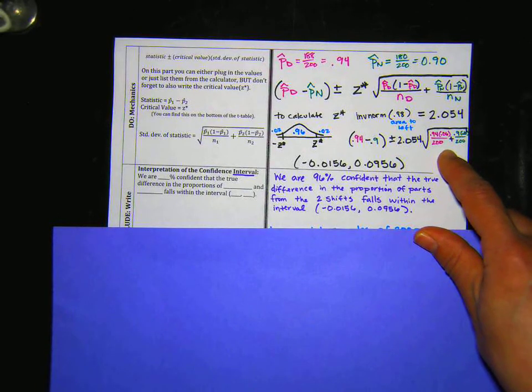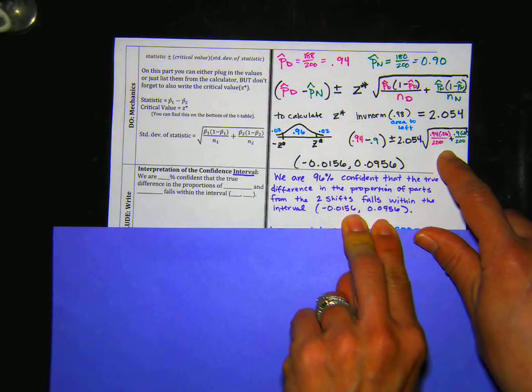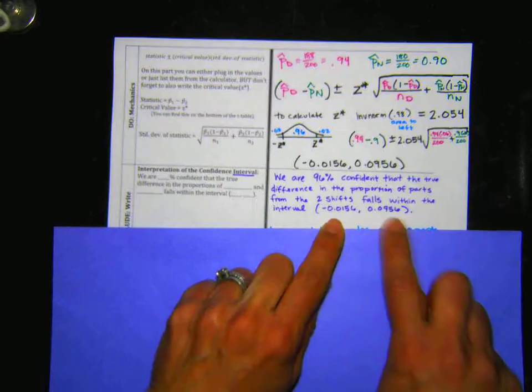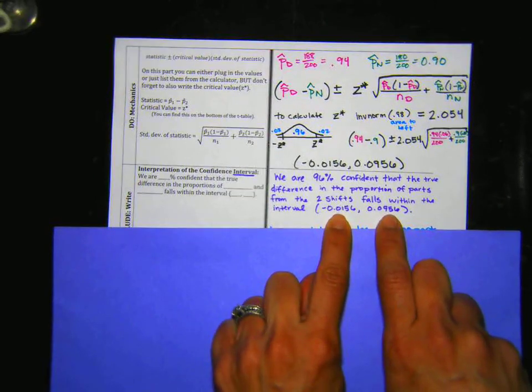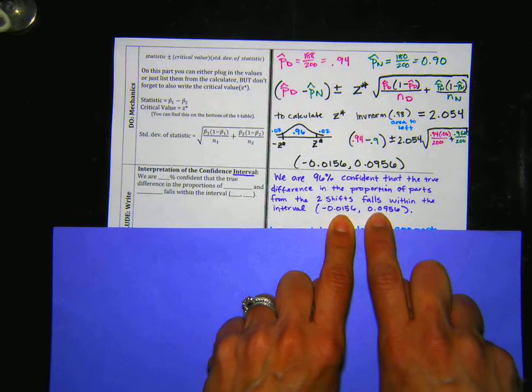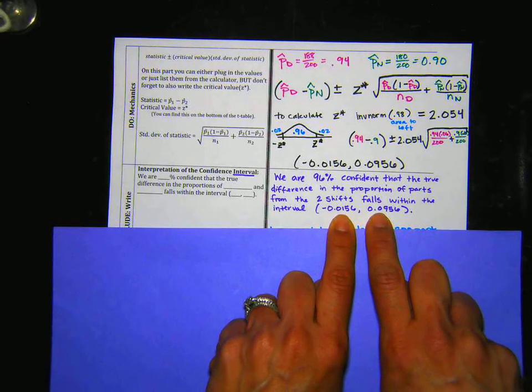The confidence level is interpreting the 96%, not interpreting the interval. Our conclusion is that we believe the true difference in proportion is between these 2 values. We're 96% confident in this interval.